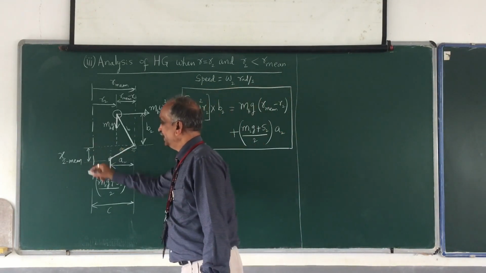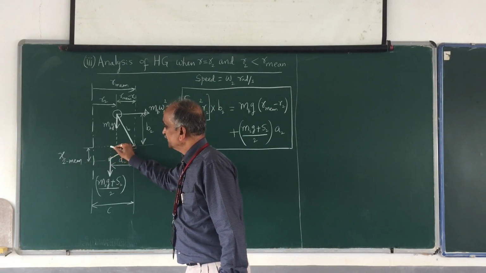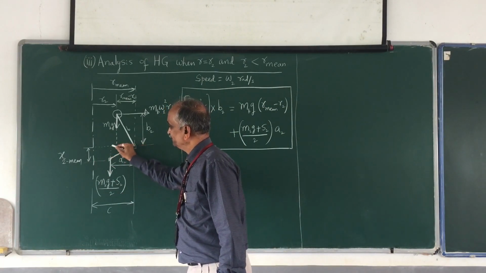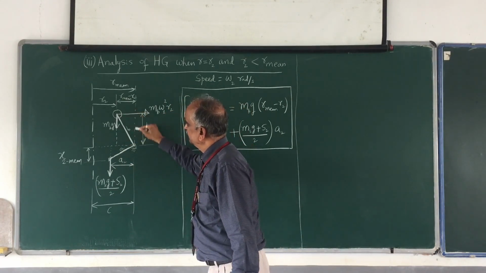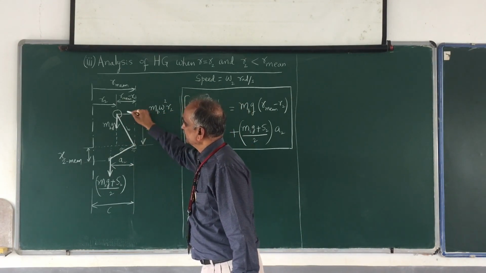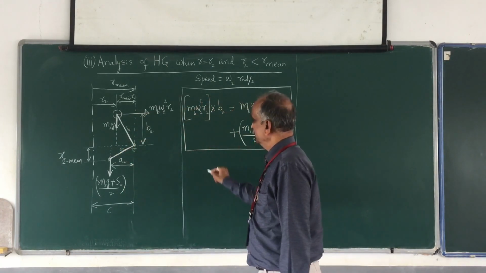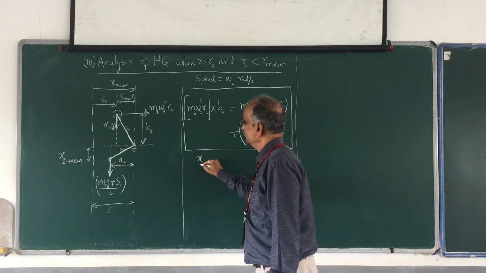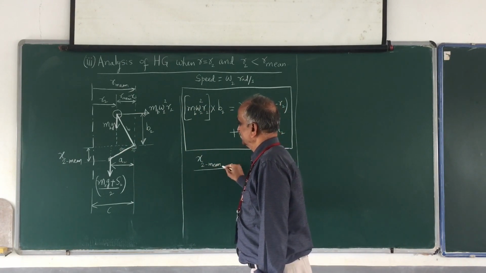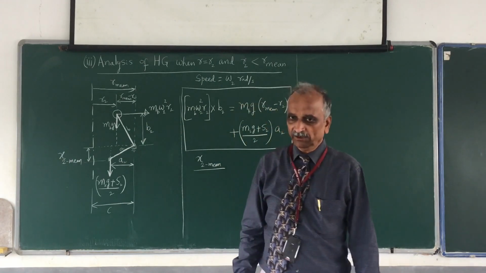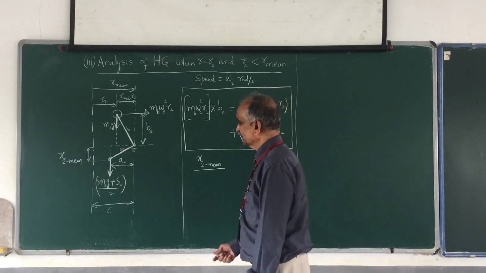Before I do that, I shall make use of one more relationship here. Let me take this triangle, for example, and this triangle. Both of them are similar to each other, and I shall make use of this x2 mean. What is the meaning of this? The displacement of the sleeve from the mean position to position 2.